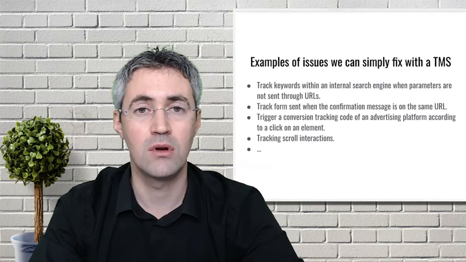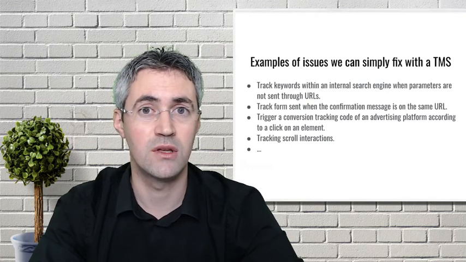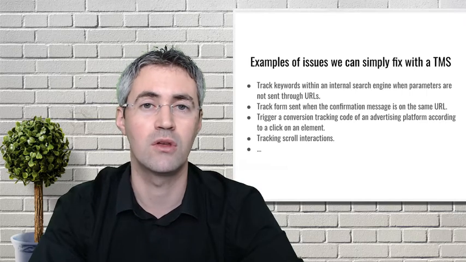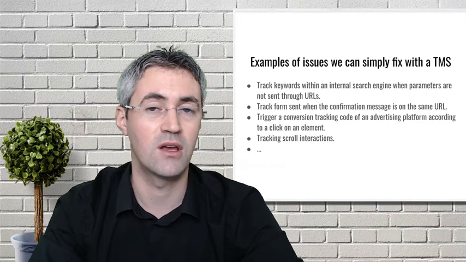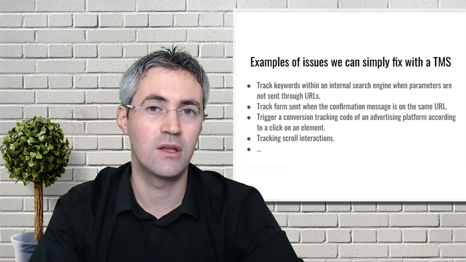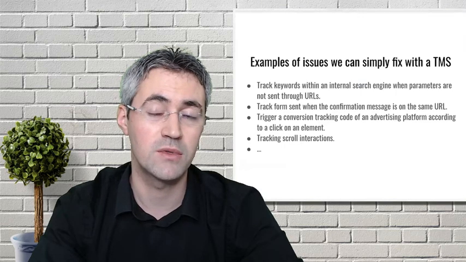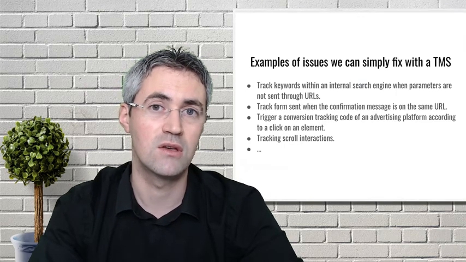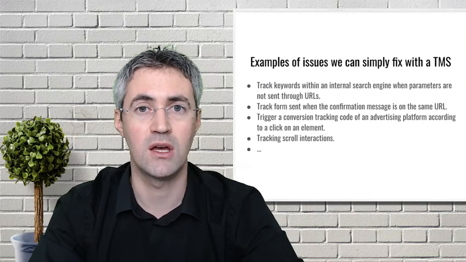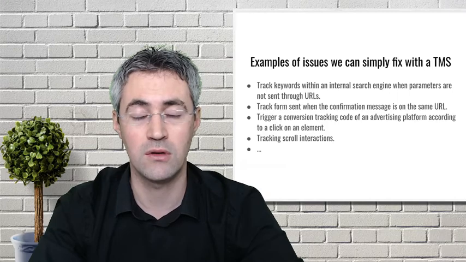There are several issues that the TMS can fix. Just to give you a couple of examples of what you used to do in the past and which can now be fixed with the TMS. Let's imagine, for example, that you want to track an internal search engine that you have on your website, and that when the search is performed on this search engine, there's no URL parameter passed through the address bar of your browser.